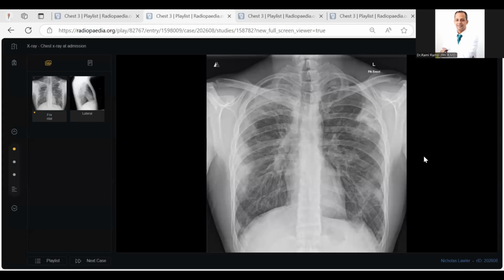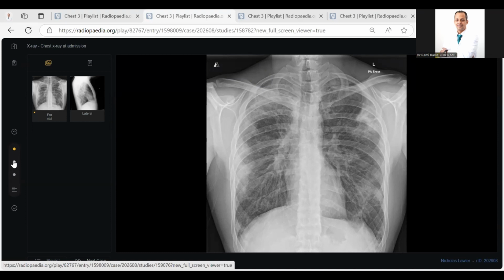What is your differential diagnosis? As it is peripherally located, the top one can be cryptogenic organizing pneumonia. Another possibility can be eosinophilic pneumonia. How can you differentiate between them? I will correlate with the patient history.